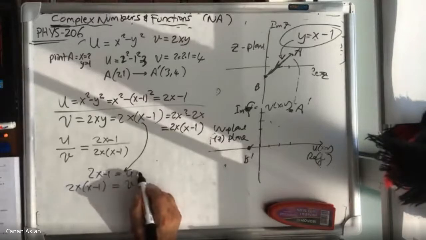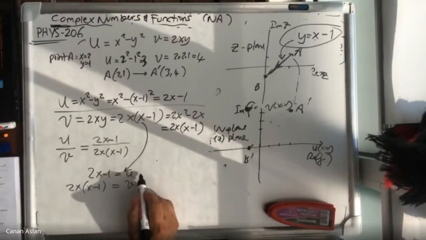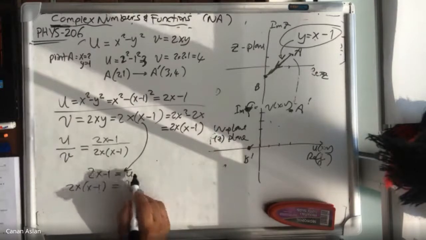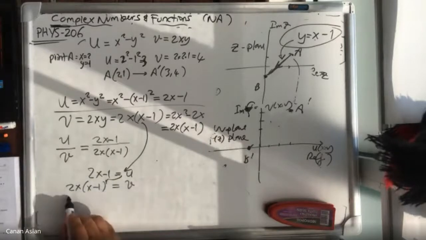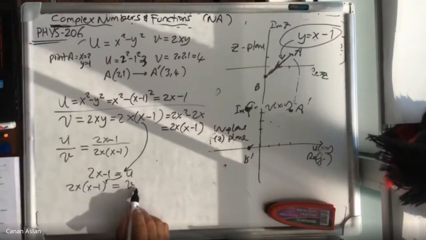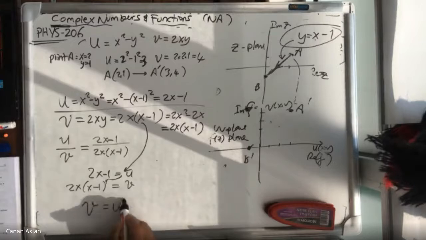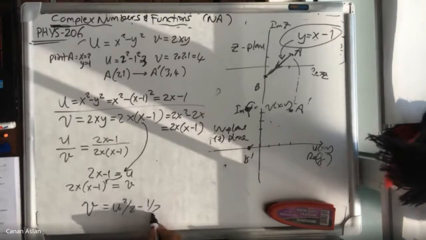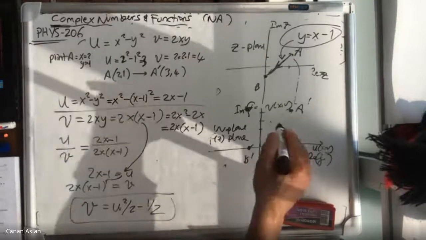So from here, for each x, you can use u inside here, and then on the left-hand side there will be u and some v terms. When you add them up, you can see that v equals u squared over 2 minus 1 over 2.